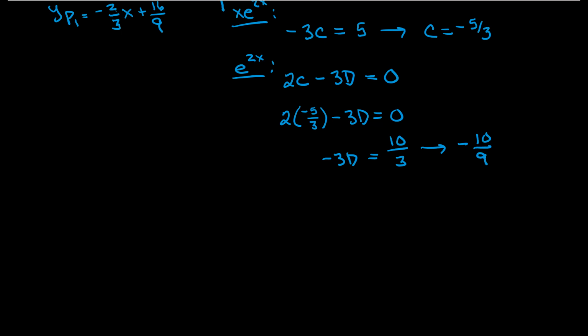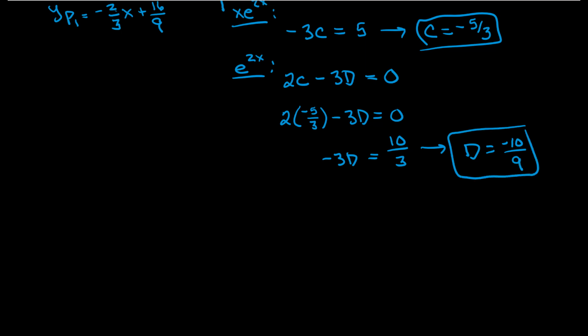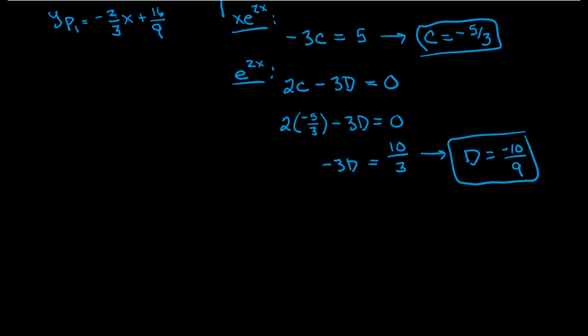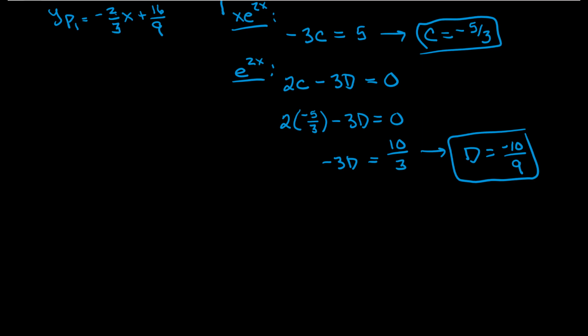Okay, so what does this give me then? Well, I have a c value of negative 5/3, a d value, here let me rewrite this, a d value of a negative 10/9. And I know what my a and my b are. They're in the upper left corner of the screen.